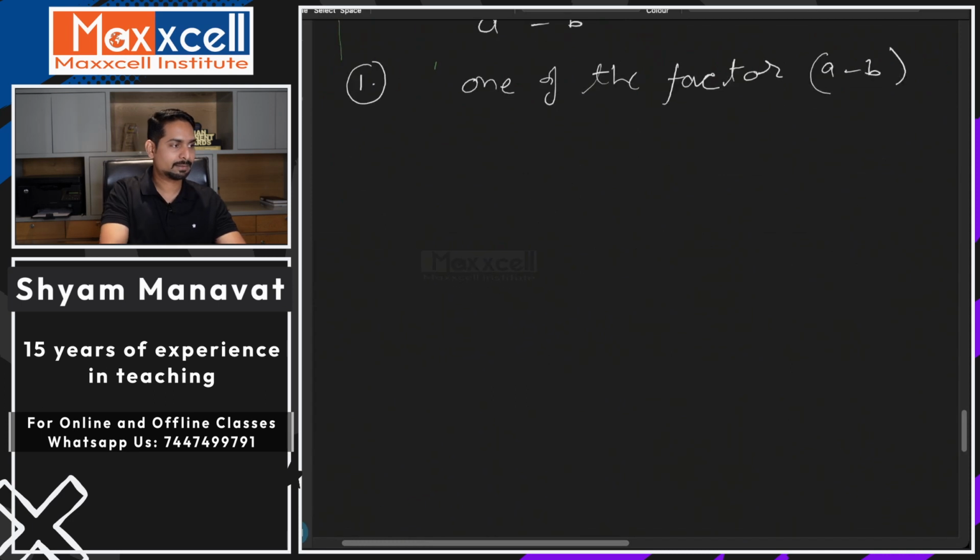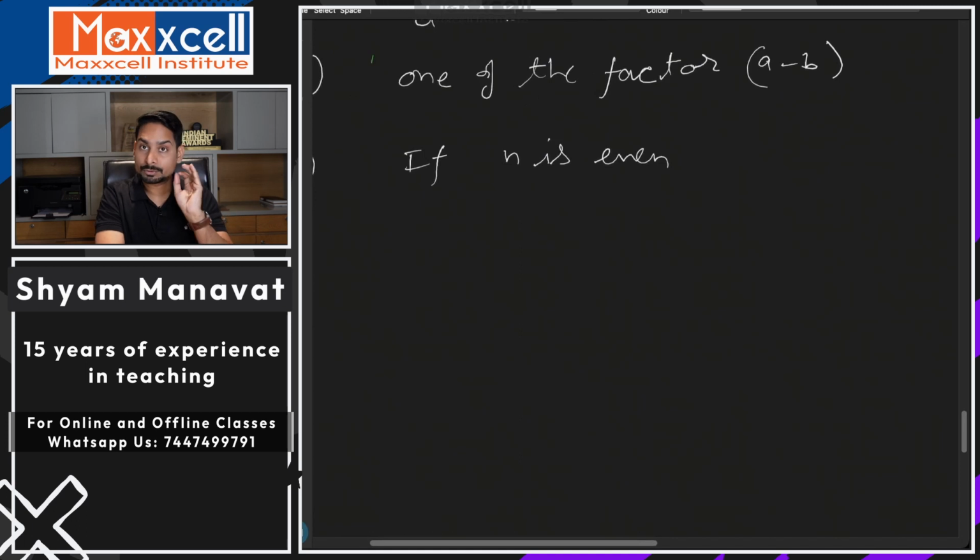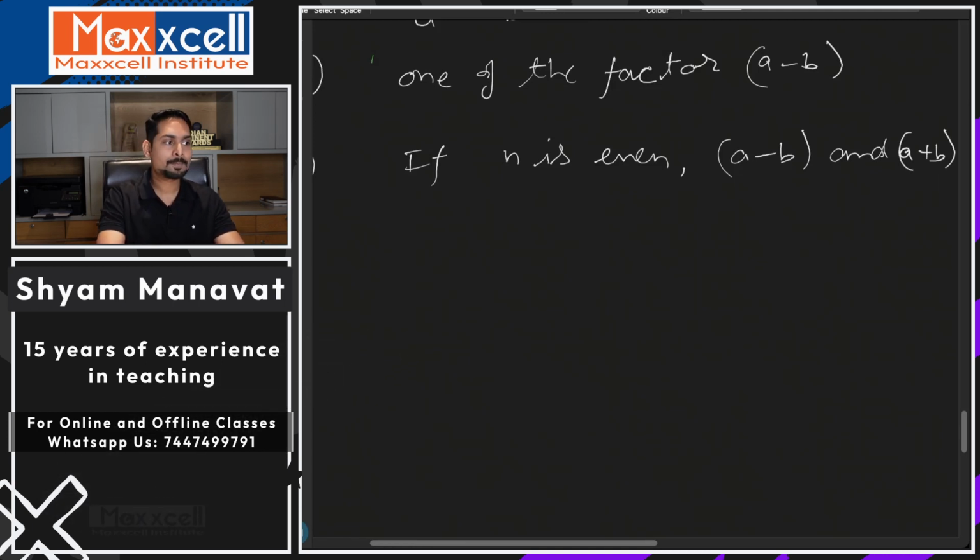What more can we say? We can also say, if n is even, then for sure you will always have a minus b as one of the factors and a plus b also as another factor. Write this down, this is very important.